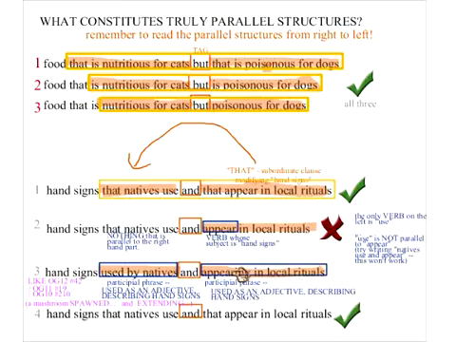So this is actually a nice segue into our next topic, which is non-perfect parallelism. Because everything we've shown you so far is totally textbook perfect parallel structures. This thing you're looking at, number 3 here, this is correct.